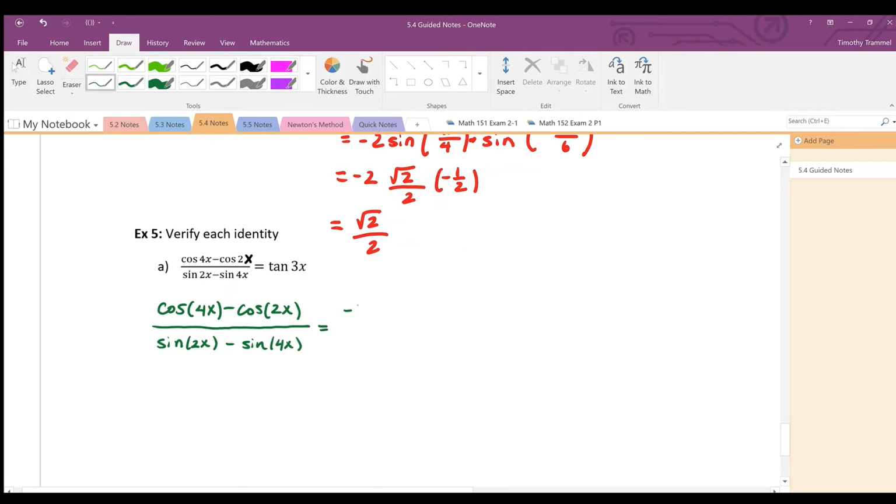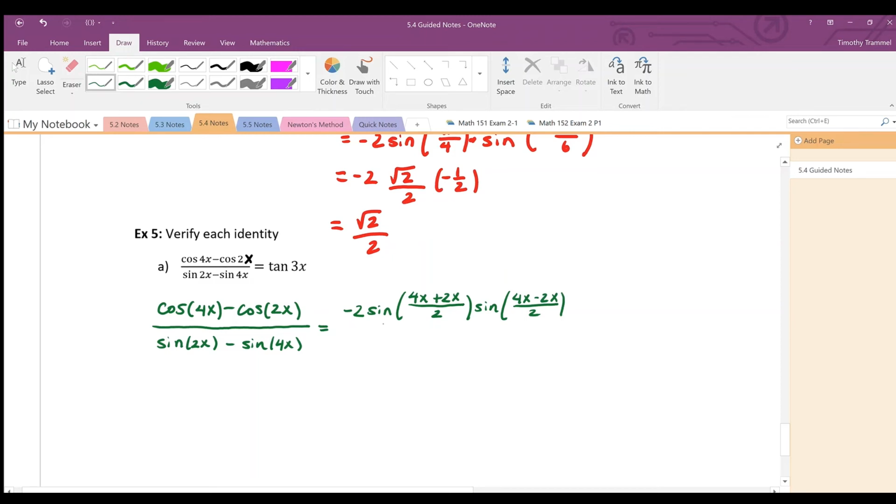So we have minus 2 sine the sum of the two angles all over 2 times sine of the difference of the two angles all over 2.